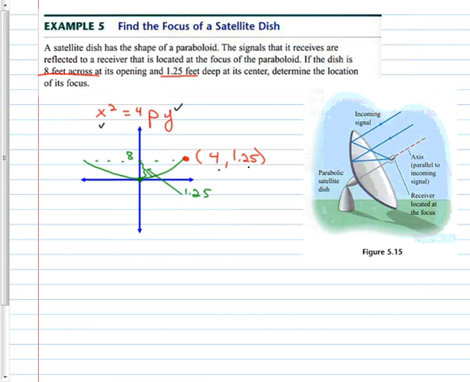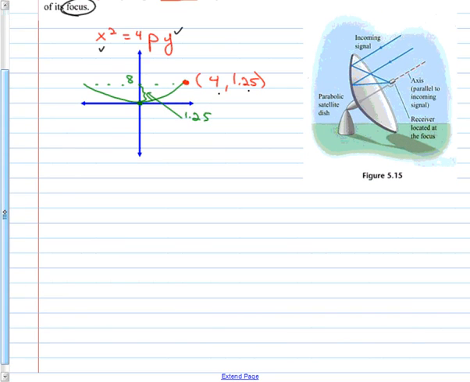And if I know the p-value, I know how far I go to get to where the focus is. And they wanted to know, where is the focus? Well, we're going to figure it out. x is 4. 4 squared equals 4 times p times our y, 1.25. What's 4 times 1.25? 5. Good answer. What's 4 squared? 16. Divide by 5.